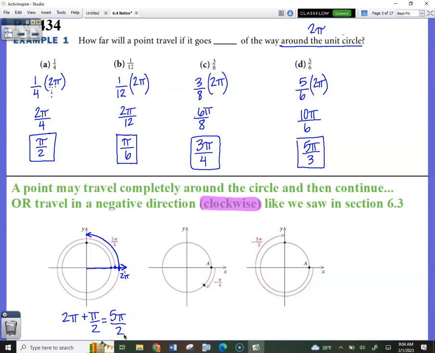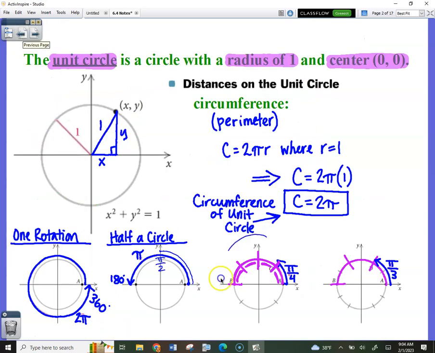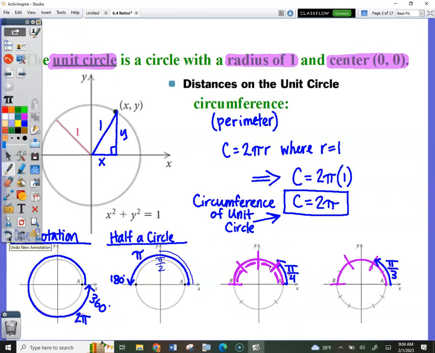Look at this next one. Notice this is starting on the initial side, but then it's rotating in the clockwise direction, which means it's negative. And it's negative pi over 4. It is the exact same concept as the last slide, this one right here. It's just in the negative direction, okay? So, let me take that mark off.